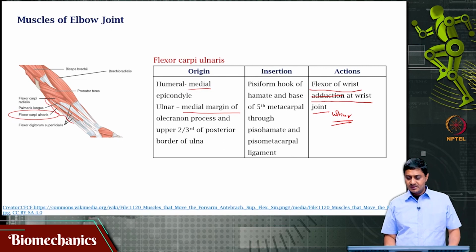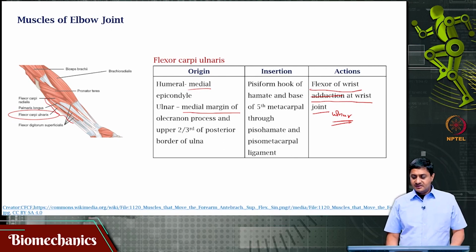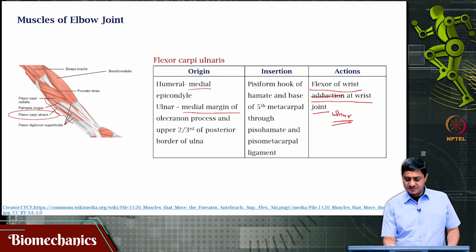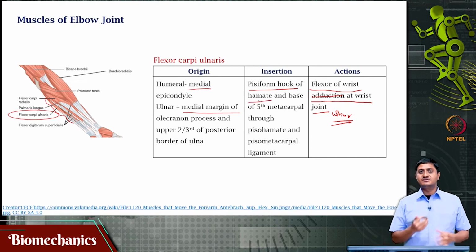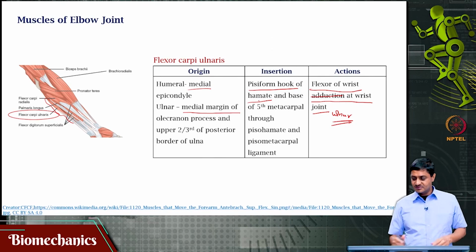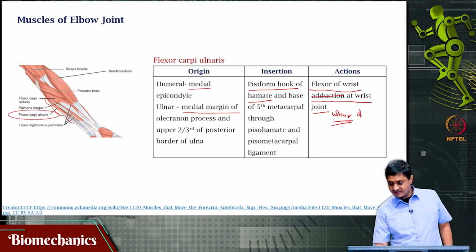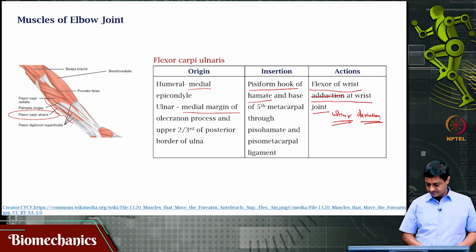The attachment is in the 5th metacarpal and the pisiform hook of the hamate bones, which is a bone in the hand, right, responsible for the wrist flexion and ulnar deviation. Okay.